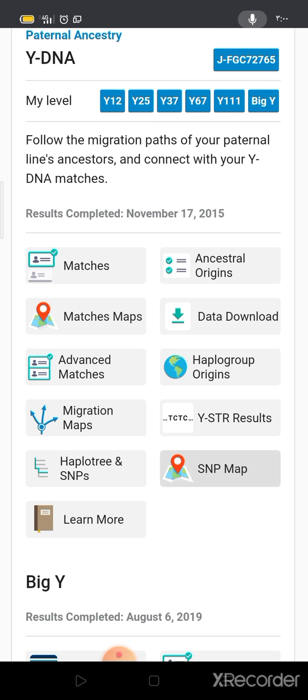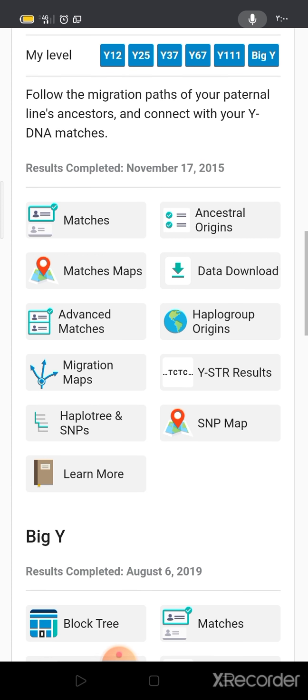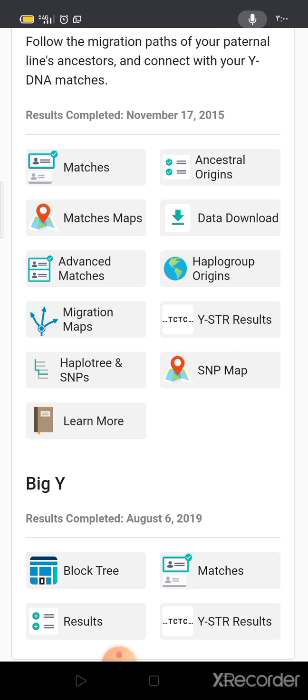But it's not absolute, because you can find people closer to you who are not available in your closest STR matches. The SNPs are more precise than the marker tests, but the markers will give you a general idea about your paternal line.